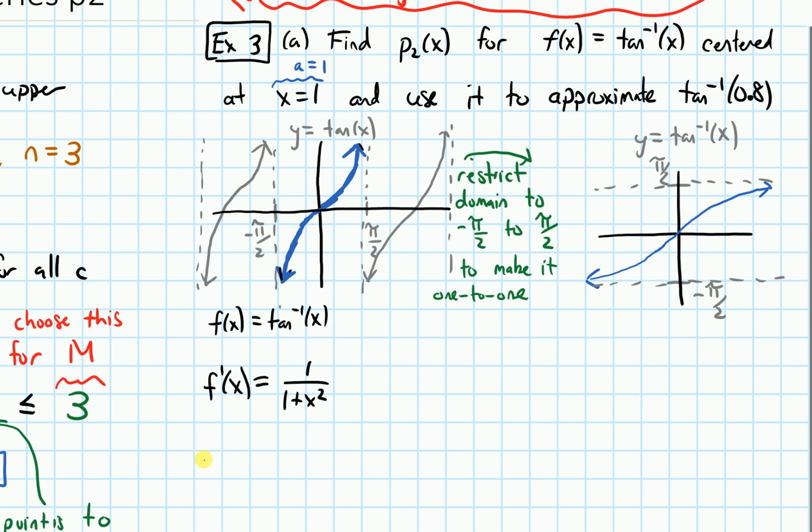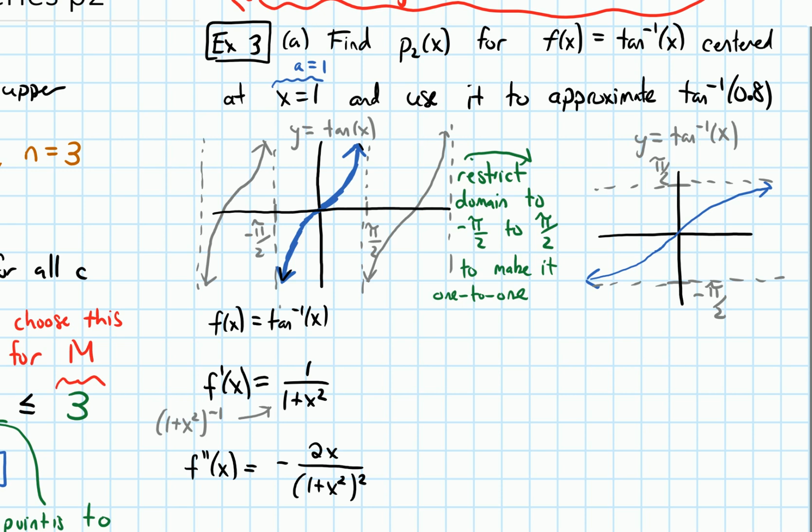And then if we take the second derivative, maybe the simplest way is if we were to think about this as being 1 plus x squared to the negative 1, and then we'd end up using chain rule on this. And if we do that, we end up with negative 2x over 1 plus x squared, squared. So that's something that I'd want you to check out. Make sure you see why that is the second derivative.